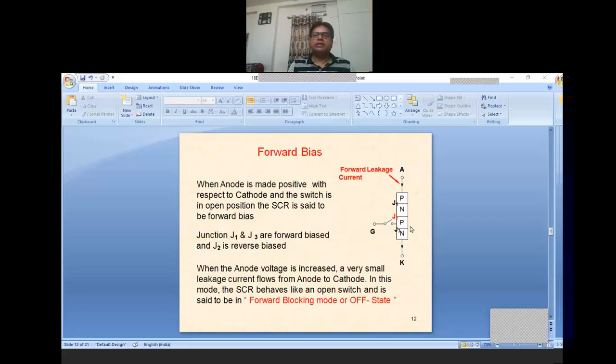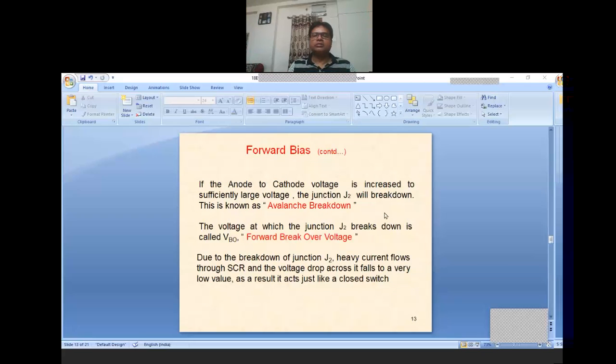There will come a condition where the applied voltage will be sufficient to break down even the junction J2. Because of this sudden breakdown, very high current starts to flow, or you can say that SCR starts to conduct, which is called avalanche breakdown.